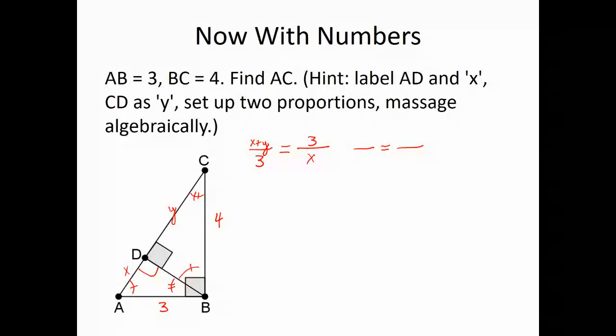Okay, so let me do something like this again. Once again, I'll choose x plus y from triangle ABC, but now let me go to triangle CDB, the component right triangle on the top. x plus y was the hypotenuse, the side opposite the right angle, in triangle ABC. So I must choose the hypotenuse in triangle CDB, which is the 4.